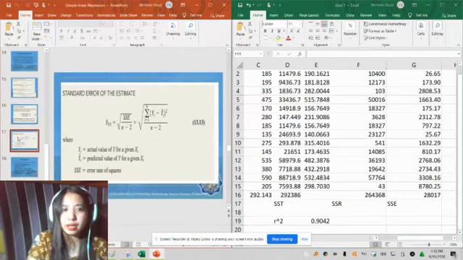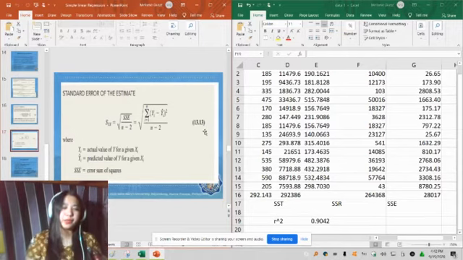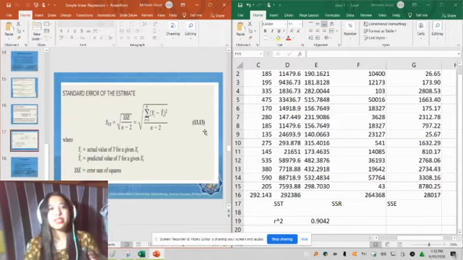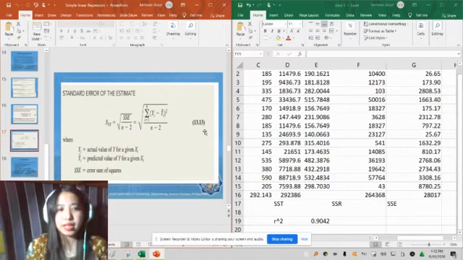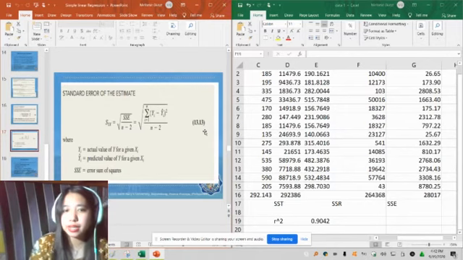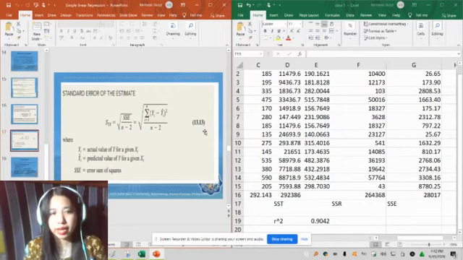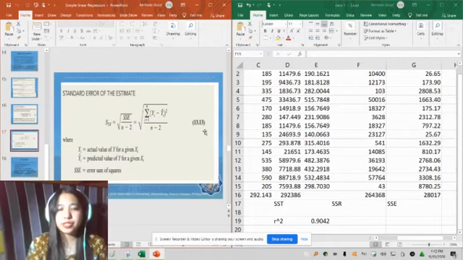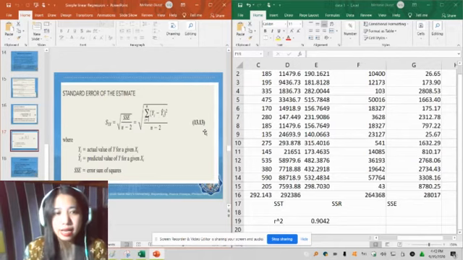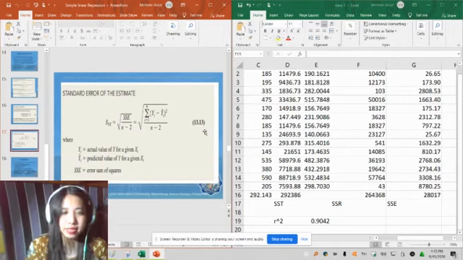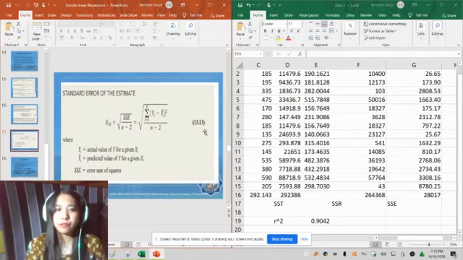Okay, next. So let us also discuss the standard error of the estimate. So in computing for the standard error of the estimate, this is the formula. So the symbol is S sub yx, which is equal to the square root of SSE all over n minus 2.